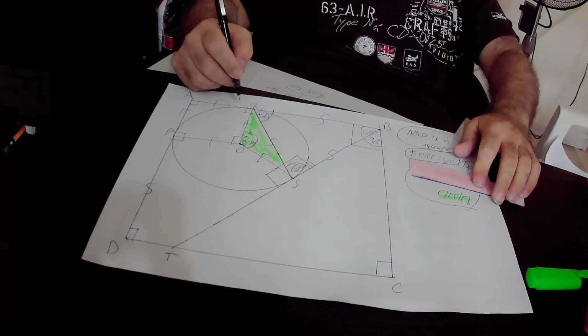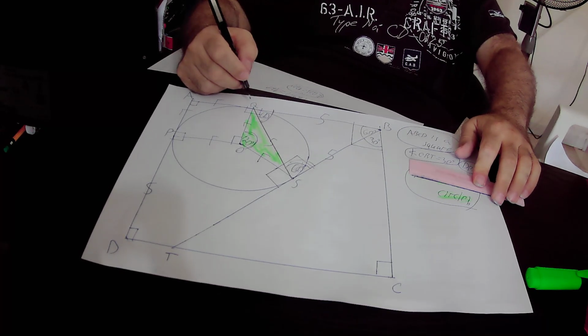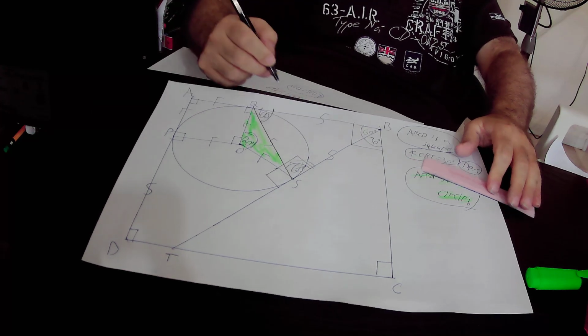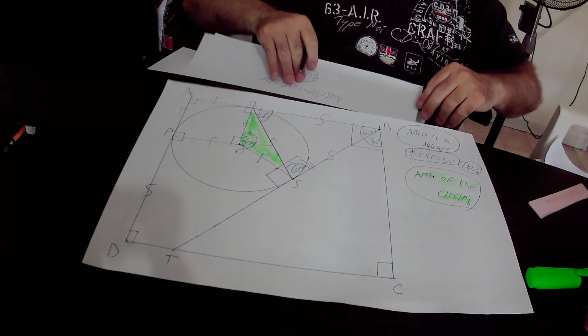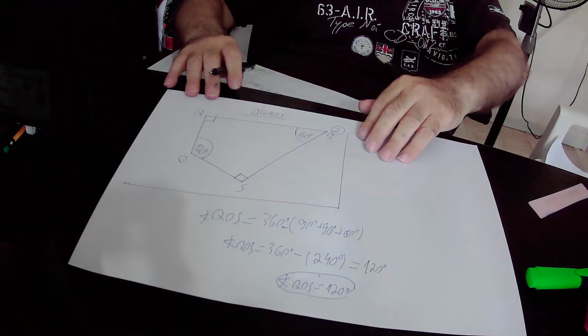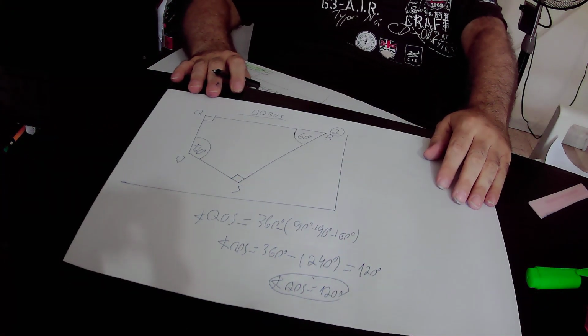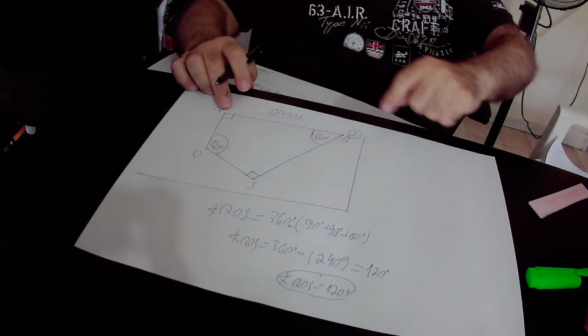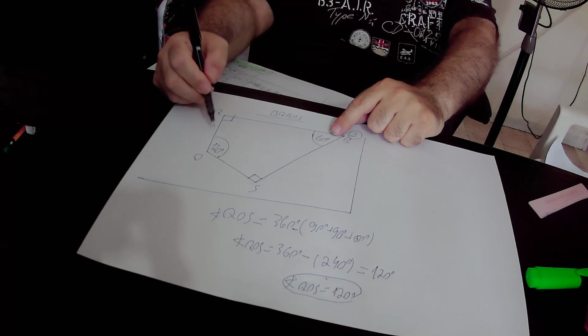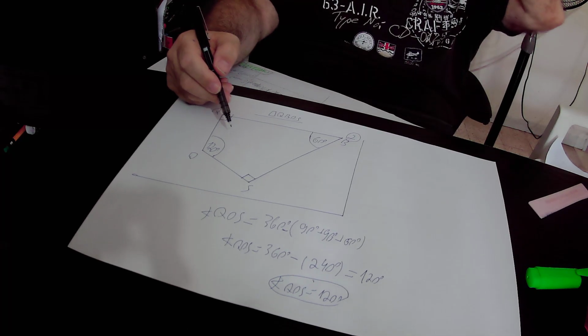Then I copy quadrangle QOSB in a new page and we analyze it. This is quadrangle QBOS that I copied from the original drawing. Those two angles are right angles. This angle equals 60 degrees. Angle QOS is the missing angle.